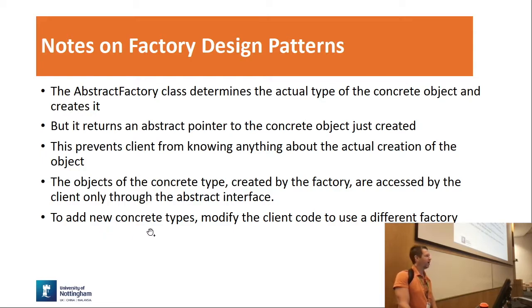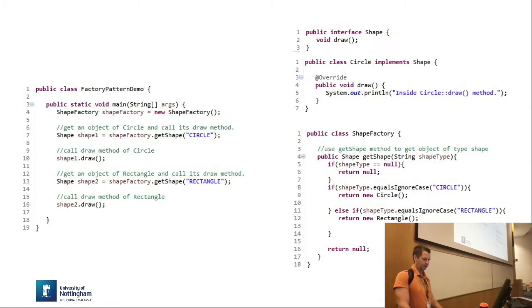And it's easy to add new concrete types there, right? It would be very easy to add another shape here called triangle, for example, or any shape. Very, very easy, right? You just have to add a new if statement, add a new child called triangle, and then override the draw method.